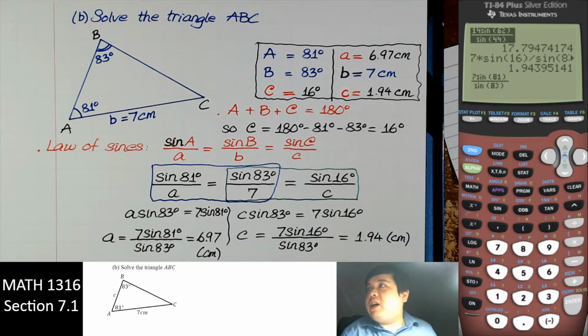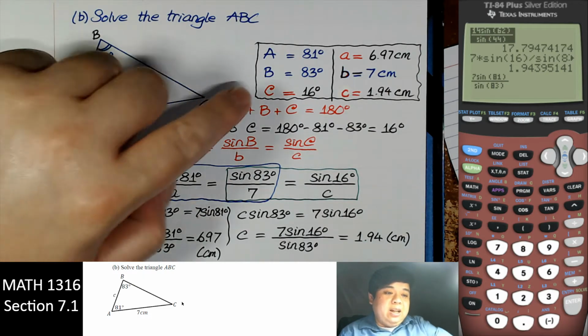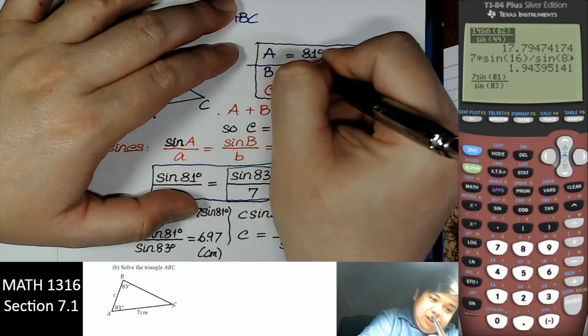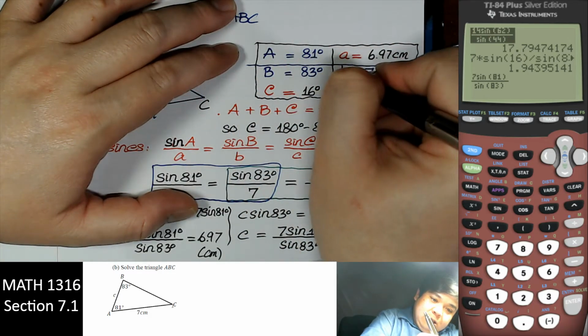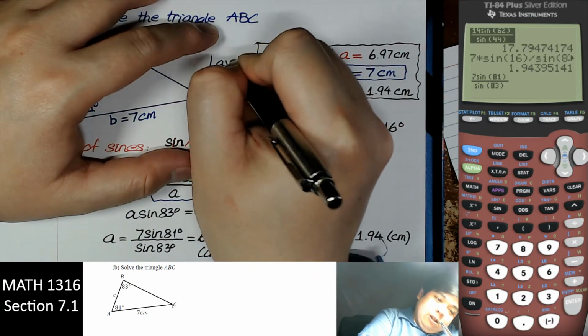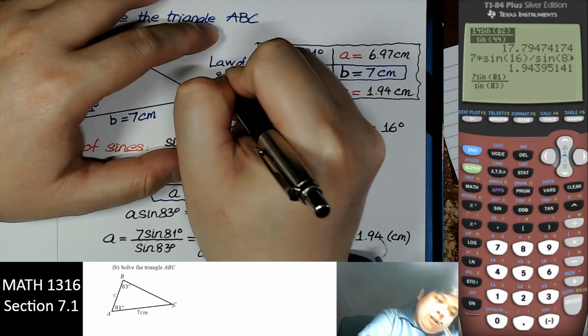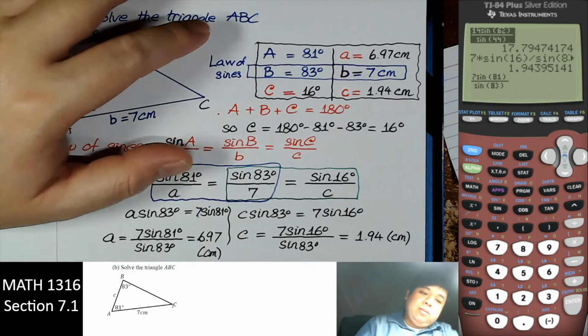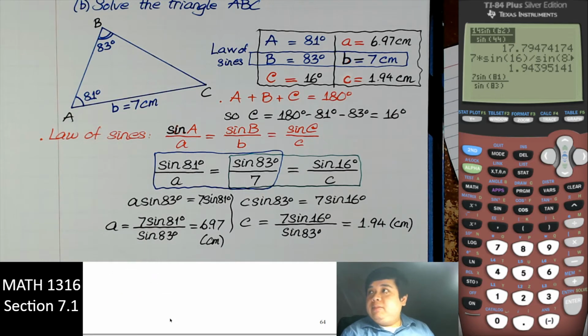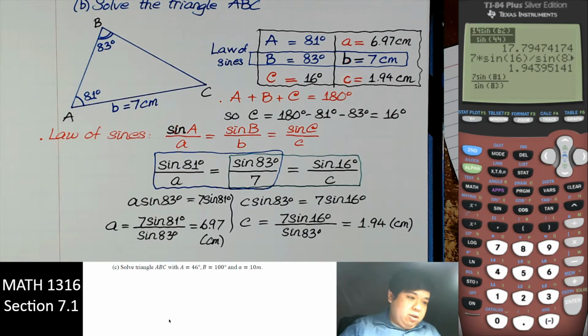So, we just like that. Once again, when we have an opposite side and angle, that is the law of sines. Right. More examples.